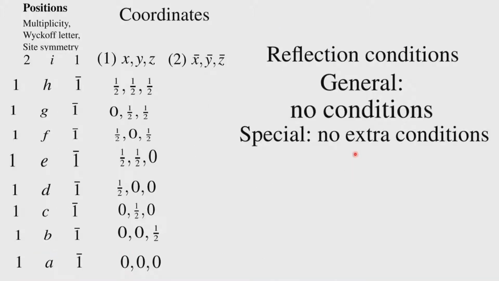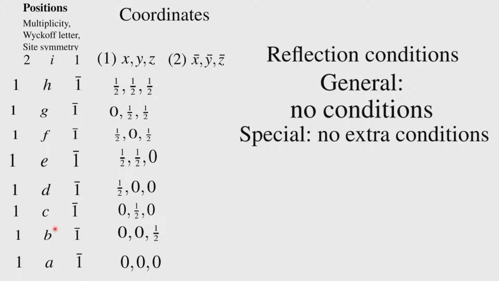Now comes this entry. I said we will discuss this later on, and this entry tells us the multiplicity, Wyckoff letter and site symmetry associated with each of the types of coordinates we can have. So, the first one is 2, which is a general position atom x, y, z. It gives rise to x bar, y bar, z bar. This is P1 bar, and you see there are several centers of symmetry which will develop because of the nature of the center of symmetry itself and also the periodicity associated with the lattice.